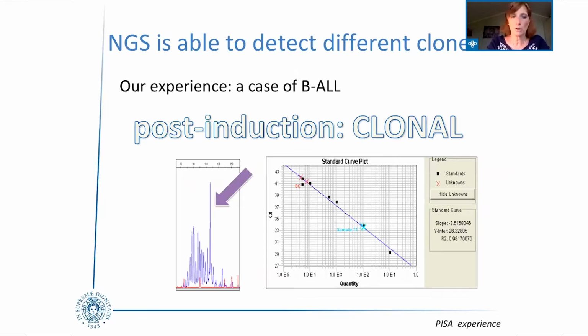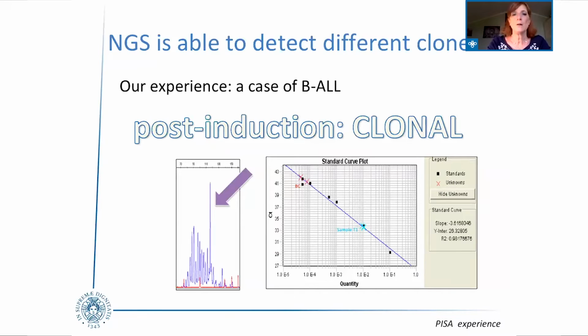About the second characteristic, NGS is an unsupervised method, while ASO-PCR is supervised. I want to show you this case.